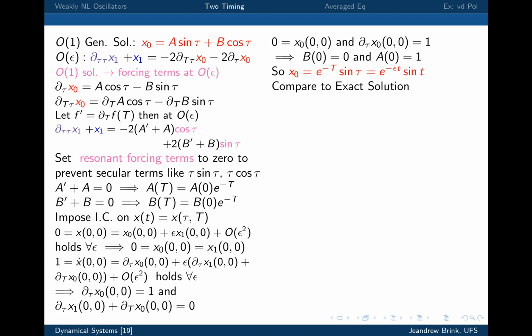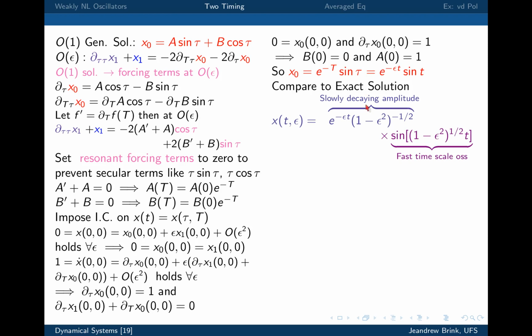And if we now go on and compare it to the exact solution, which remember was this thing, we had the slowly decaying part, which was just e to the minus epsilon t, and then we had this fast varying timescale part that oscillated, but it didn't oscillate at exactly 1.